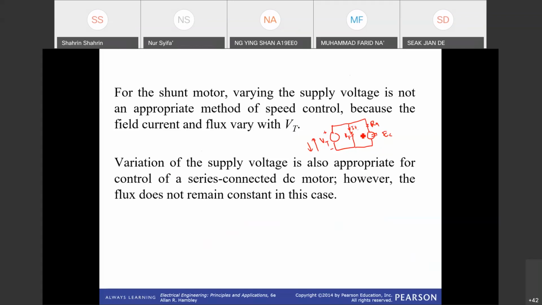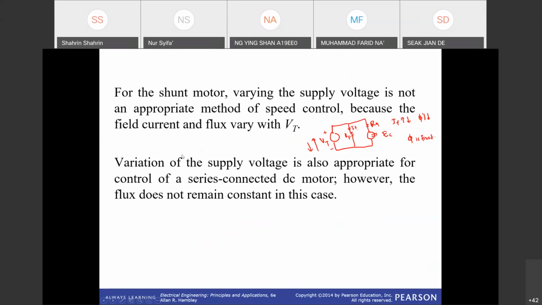When your IF changes, your flux also changes. This is not appropriate because for the first method, we need the flux to be fixed. For the shunt motor, VT is parallel with RF, so when you increase VT, for sure IF will also change. We don't want this to happen because for the first method, the flux must be a fixed value. So that's why for the shunt, it is not appropriate.